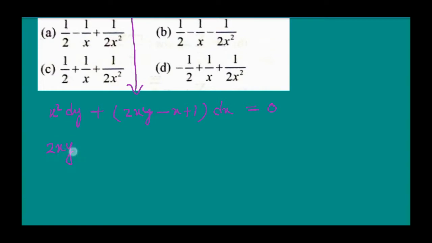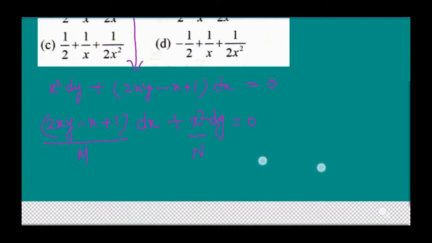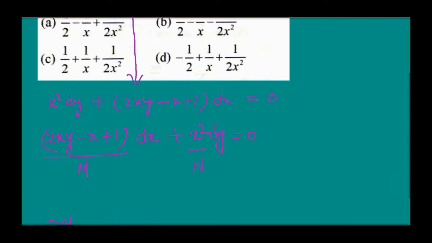Only I have to arrange this one like this: (2xy - x + 1) dx + x² dy = 0. Suppose this one is M and this one is N, and we have to check the exactness. How can it be checked? ∂M/∂y should be equal to ∂N/∂x, then it will be an exact differential equation.